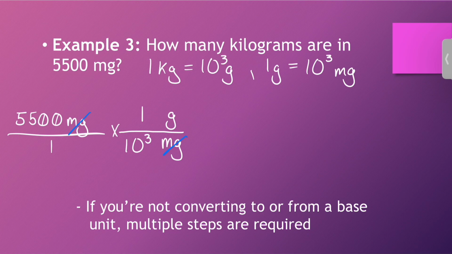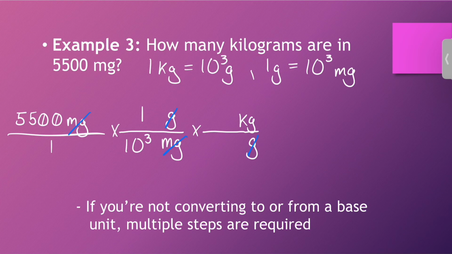Now, grams is not what I want at the very end, though. At the very end, I want kilograms. So next, I need to multiply by my conversion factor for kilograms to grams. Where again, I want kilograms at the end, so that goes on top. Grams goes on the bottom so that I can, again, cancel it out.